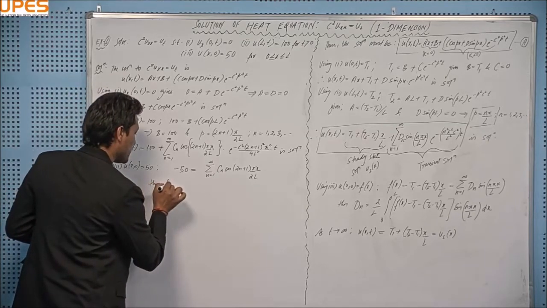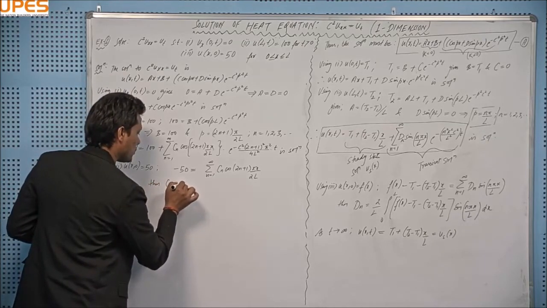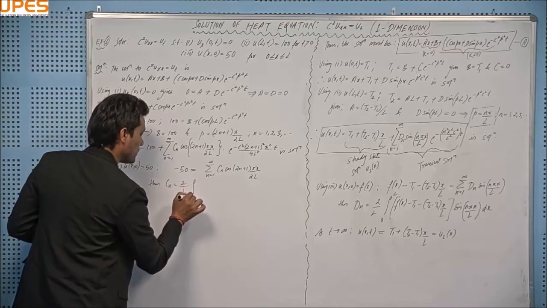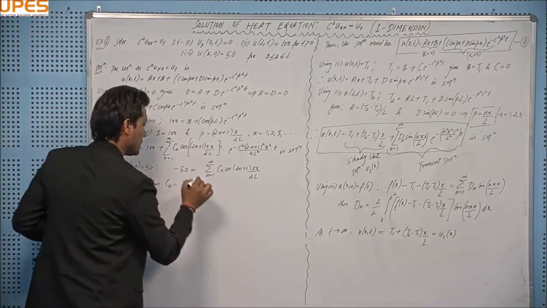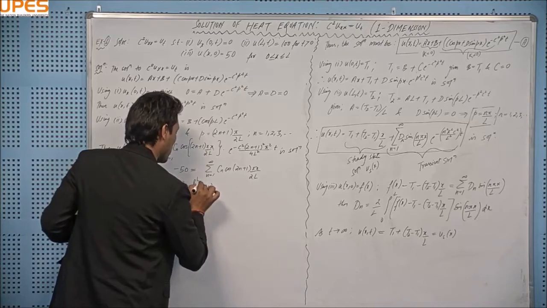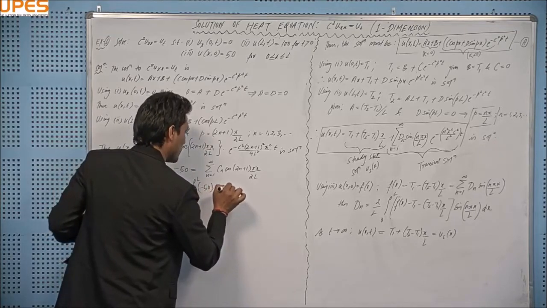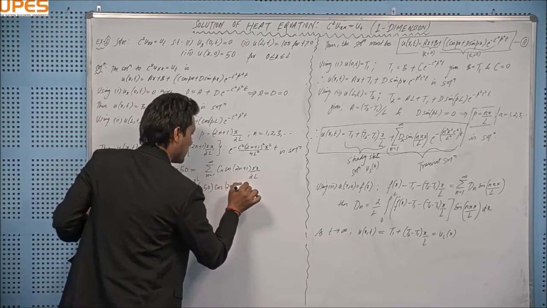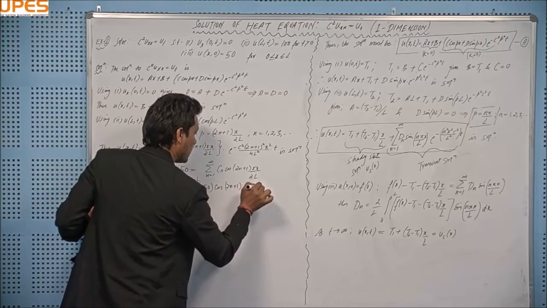Then Cn is given by 2 over capital L, integration ranging from 0 to capital L, of minus 50 multiplied by cos (2n+1)πx over 2L dx.